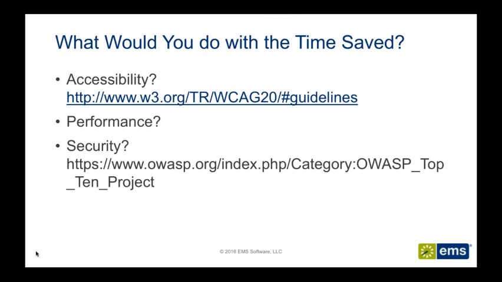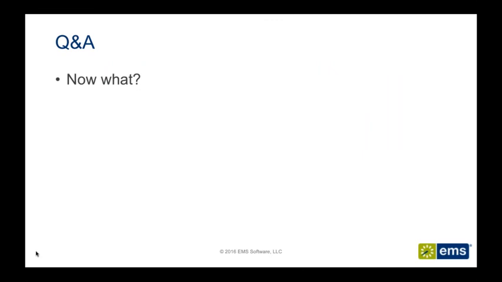And then security, and I listed some references here that you may be able to use to start increasing your own testing activities and services based on the time that we would hopefully have saved by identifying those inefficiencies and then fixing them. So with that said, I'll leave that for some other questions.